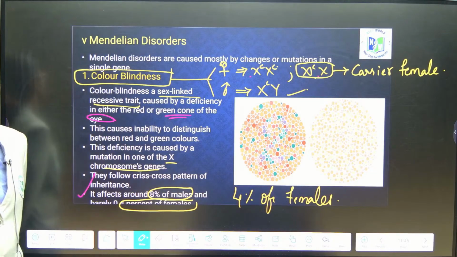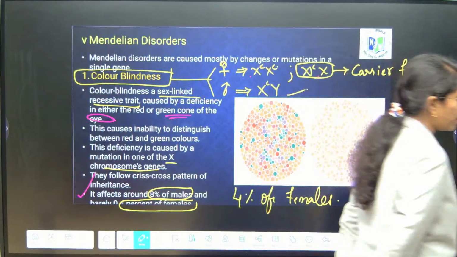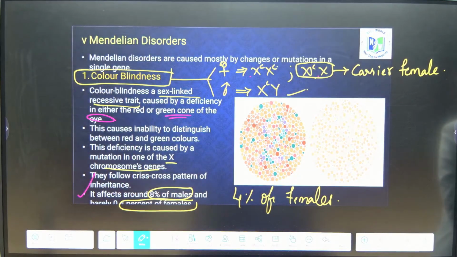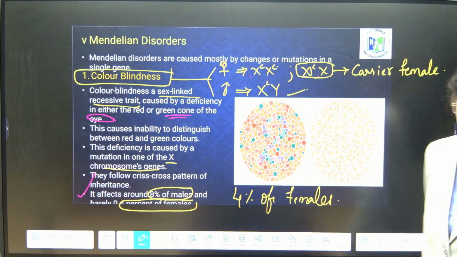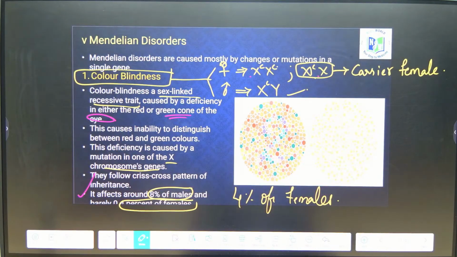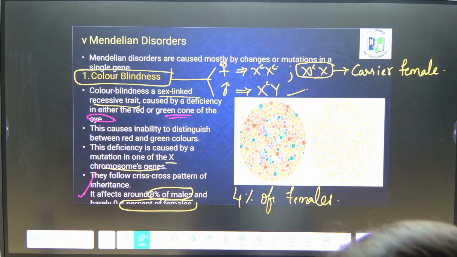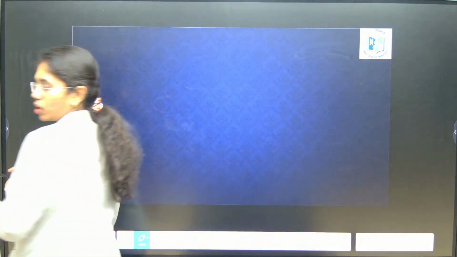Then we will see all the possible crosses, and we will know the probability of the offspring with the disease, without disease, and carriers. Done. Now we will see 4 types of crosses.